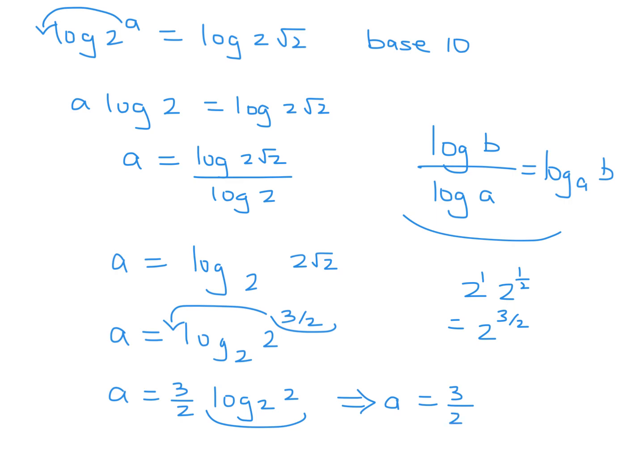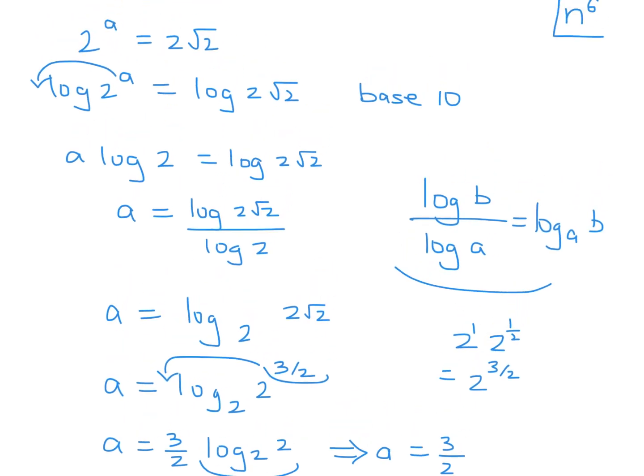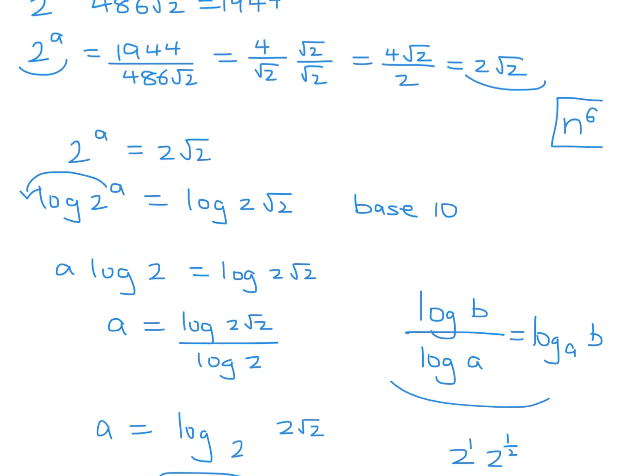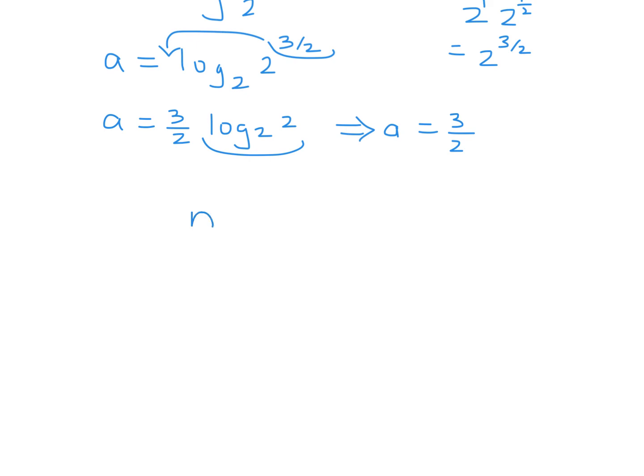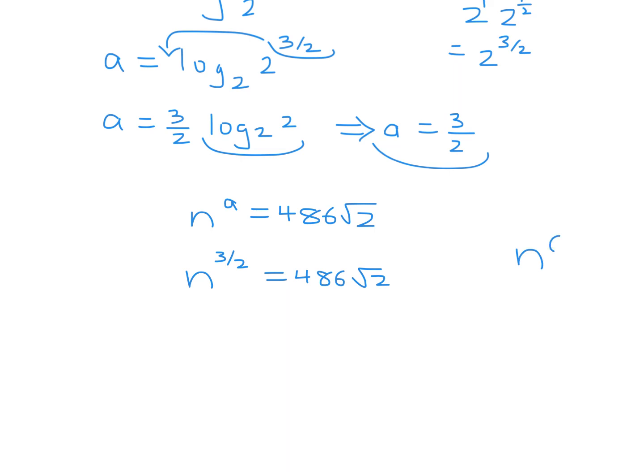There we go. Now, remember our prize was trying to find n to the power of 6, this guy right here. Well, recall all the way up here, n to the power of a was 486 root 2. A we just figured out was 3 over 2. And they want n to the power of 6, right?